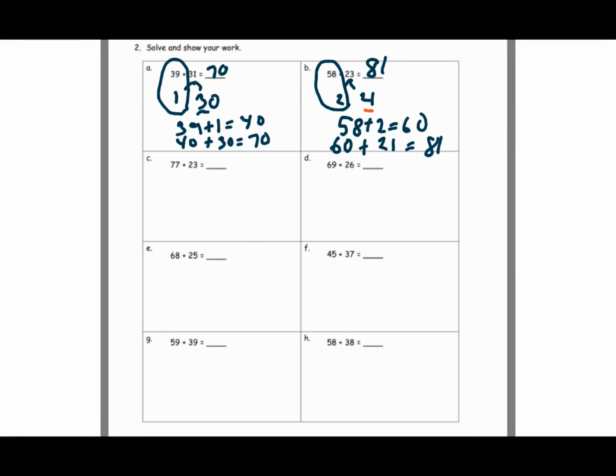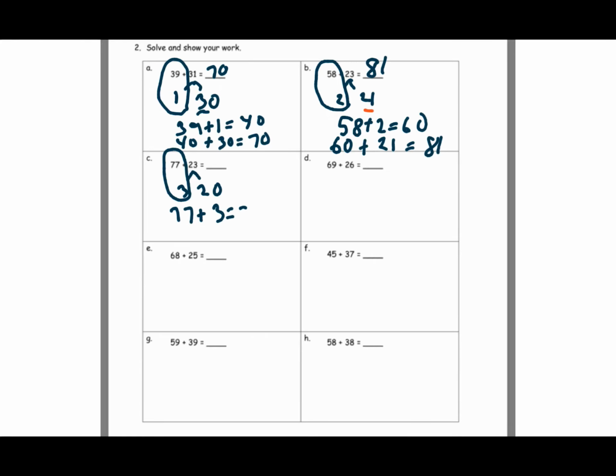Let's go ahead and do letter C. For letter C, boys and girls, I think I'm going to look for the next 10 as well. I only need 3 more to add to this 7 to make the next 10. So I'm going to decompose this into my 3 and 20. And my first problem would be 77 plus 3.